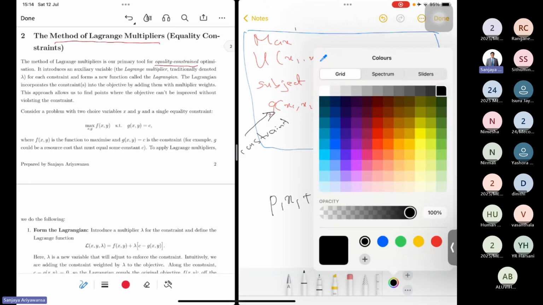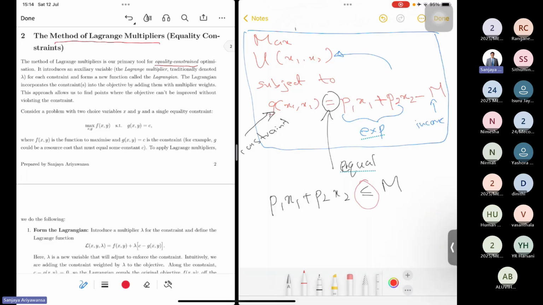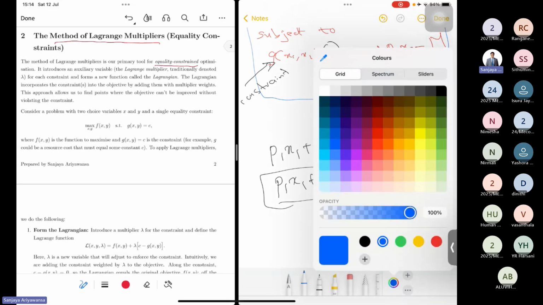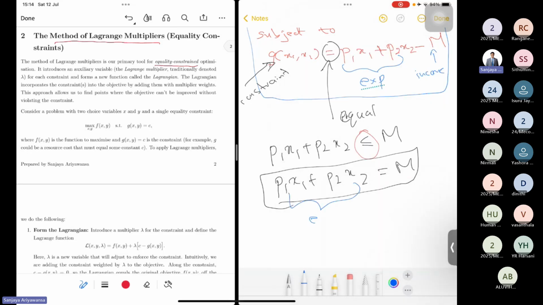So you can have a problem with an inequality sign, whereas at the moment, to keep things simple, we are looking at problems where your constraint is an equality. On your left-hand side you have your expenditure, on your right-hand side you have your income.